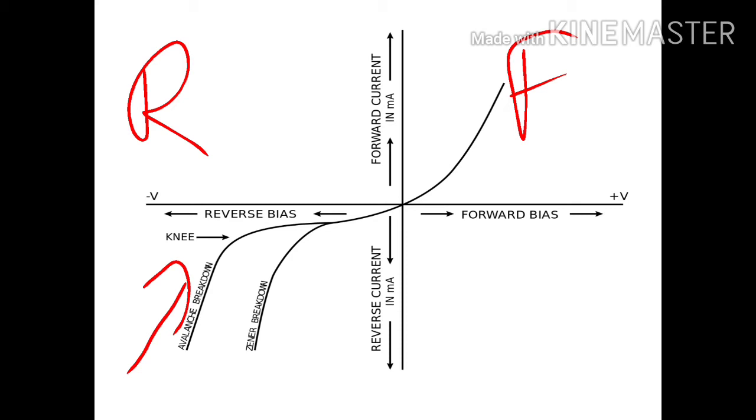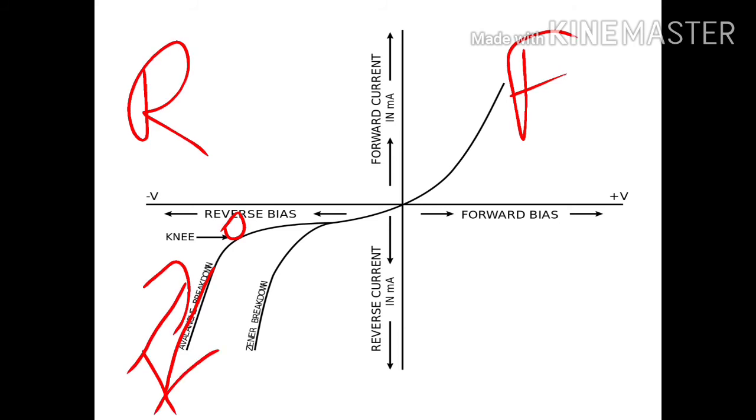After the Zener breakdown, if we are continuously increasing the reverse biasing, then avalanche breakdown is going to occur, after which the current is sharply going to increase. So this is the avalanche breakdown, you can see from this figure.